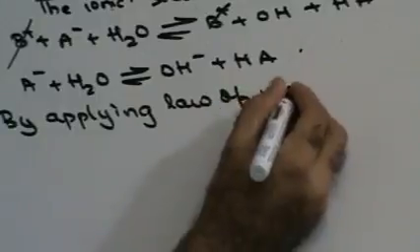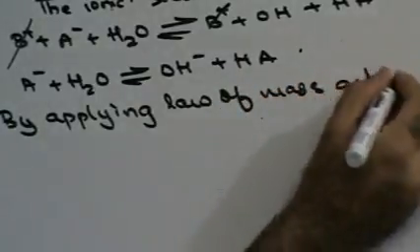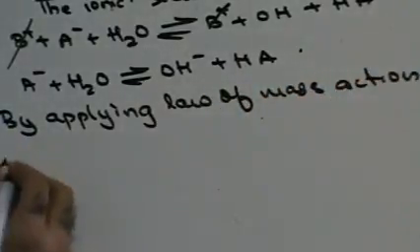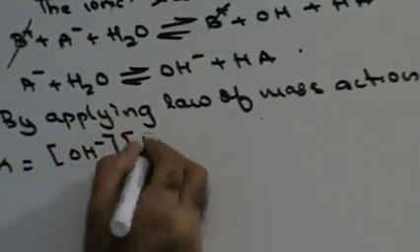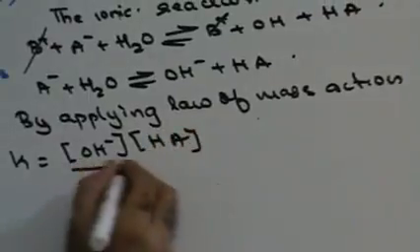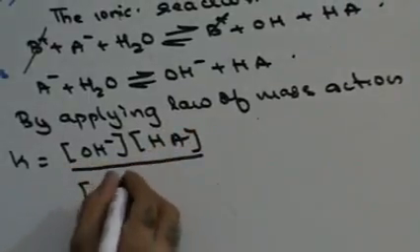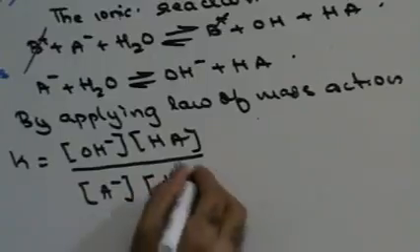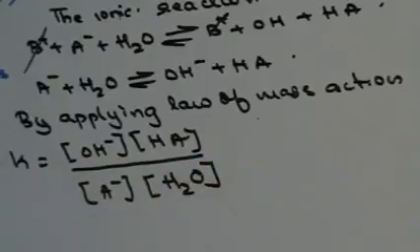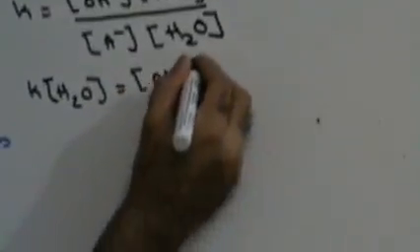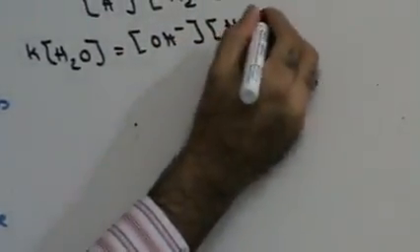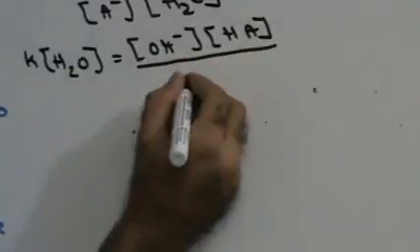By applying law of mass action, I'll get dissociation constant as active mass of the product upon active mass of the reactant, A minus into H2O. So I can therefore say that K into H2O will give you OH minus into HA upon A minus.